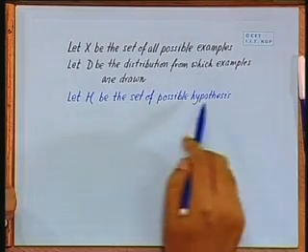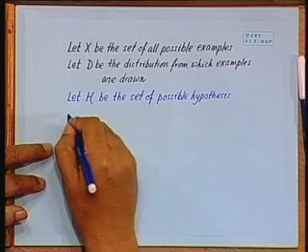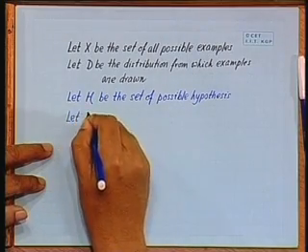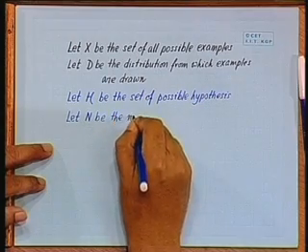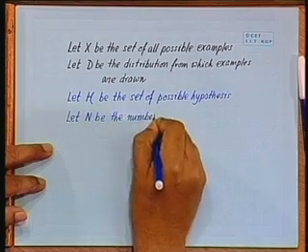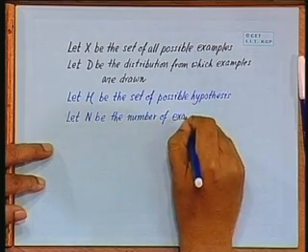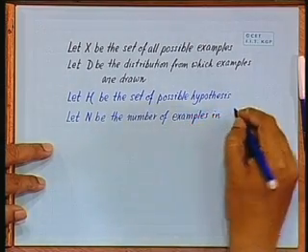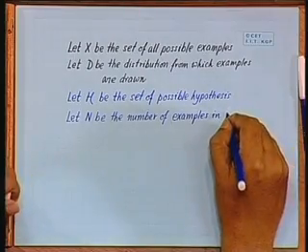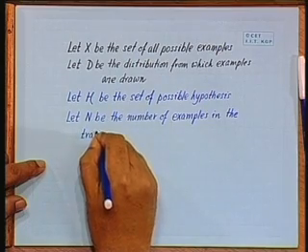These are all the possible hypotheses that you can fit the set of samples into, right. And let n be the number of examples in the training set, namely X.